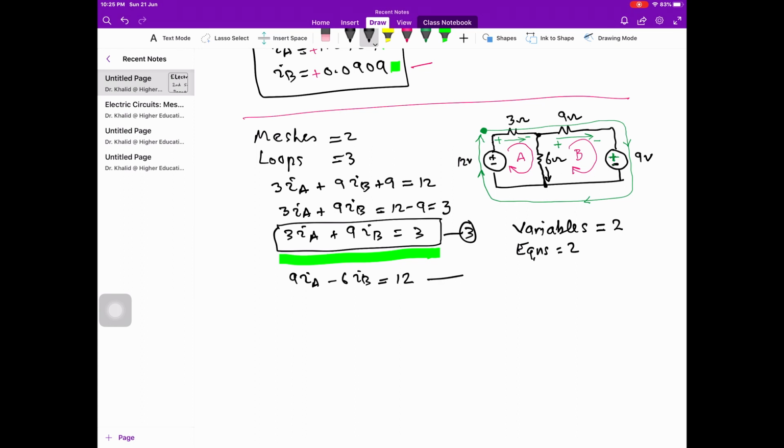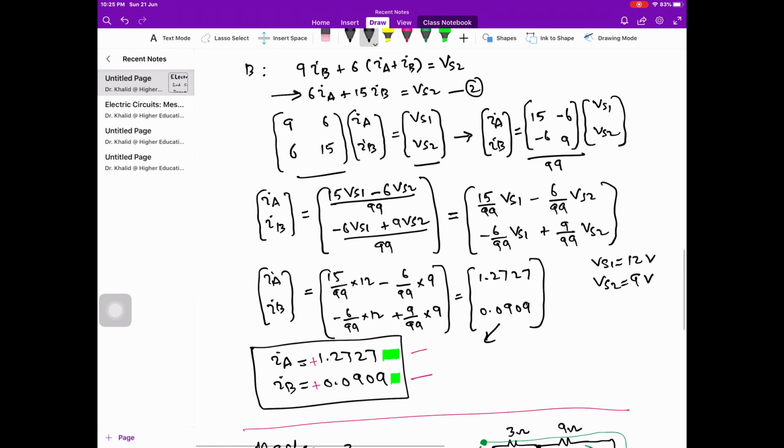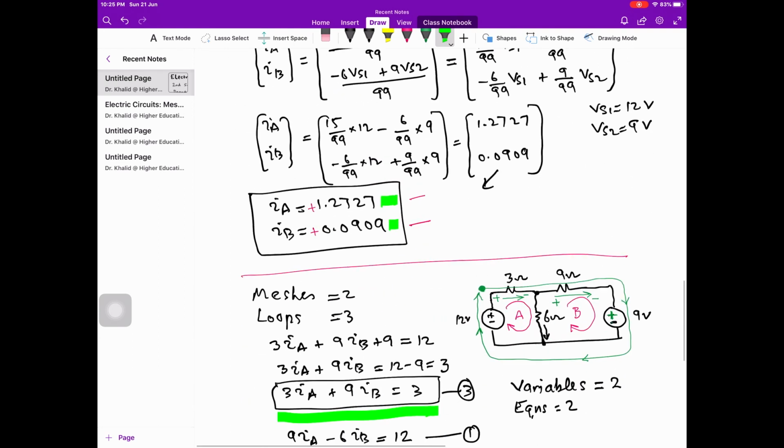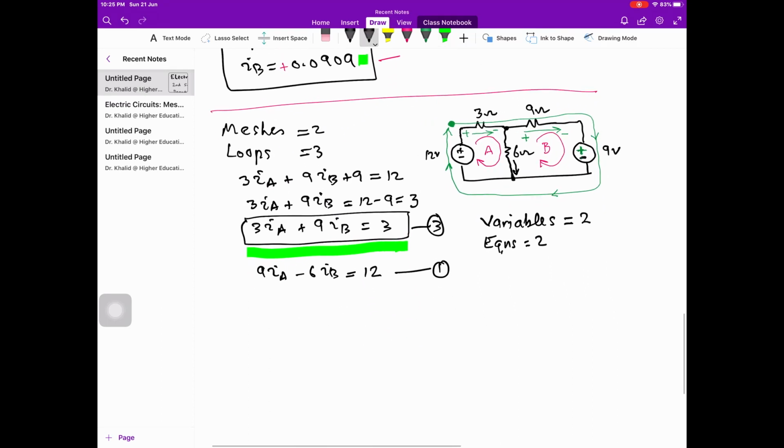The second equation is minus 6IA plus 15IB, and if you remember, it was equal to minus VS2. This is equation number 2.